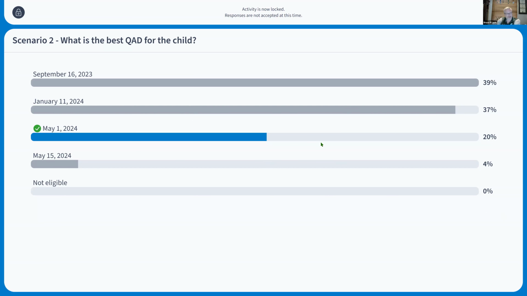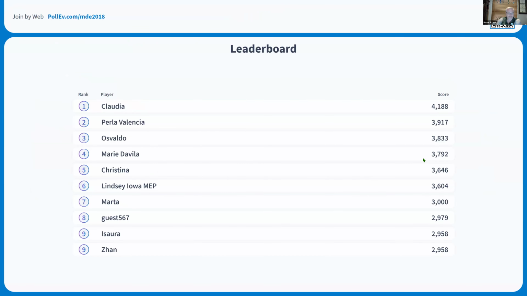So those of you that got May 1st would have been wrong. When we look at the scenario, the last time that they moved with the worker was to Coopersville on January 11th. Jeez. Yeah, I owe you 300 points next time I see you.